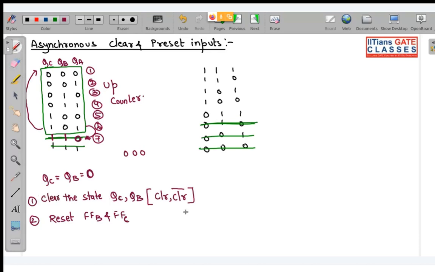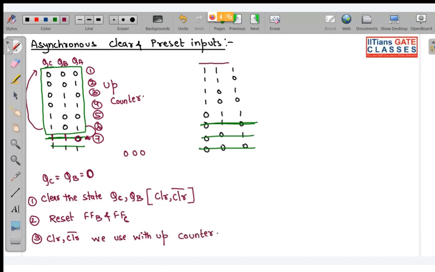Okay, clear the state of QC, QB. So that can be done using either clear or clear complement. Tell me if this is clear or not. So clear we always use with up counter. Always.